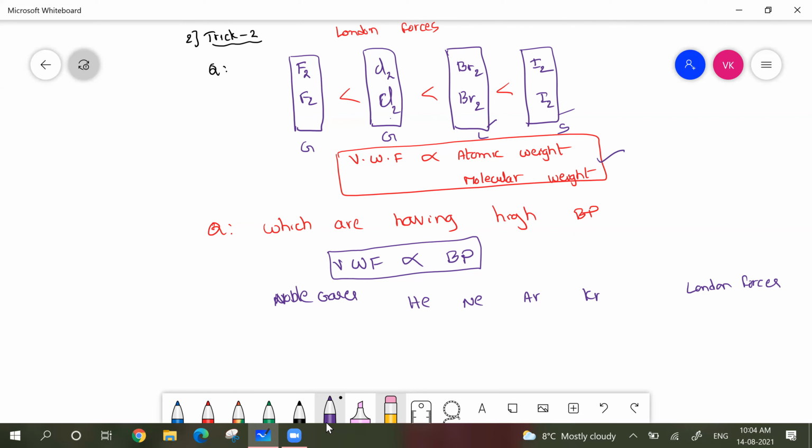You take the molecular weight concept or atomic weight concept, because they are monoatomic gases. Krypton is having more. So the order of London forces, van der Waals forces, will be in this way. What will be the order of boiling point? Boiling point also the same. Who is having the highest boiling point out of this? Krypton. Or least, helium. So in this way you can use both the tricks.